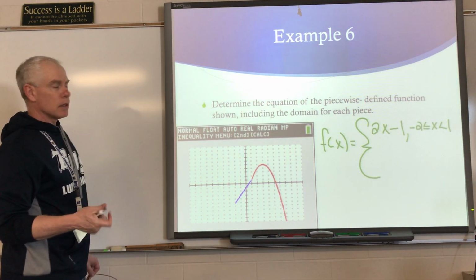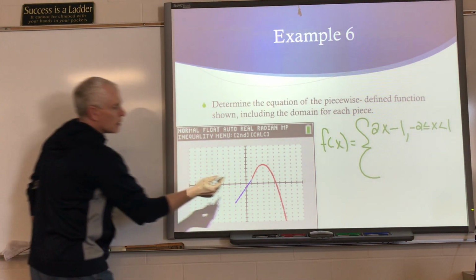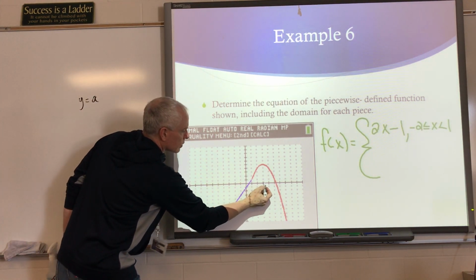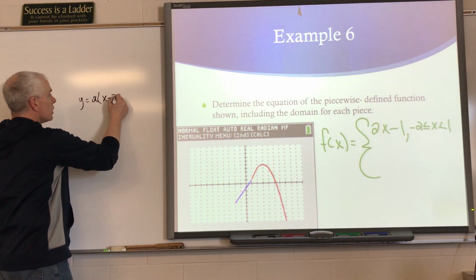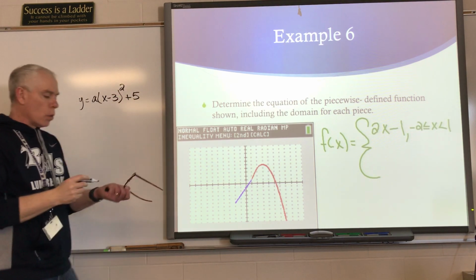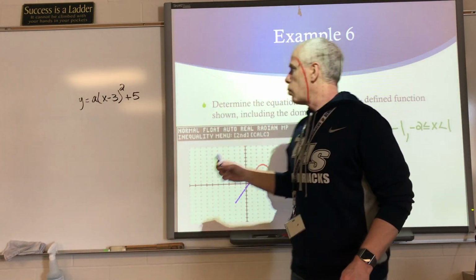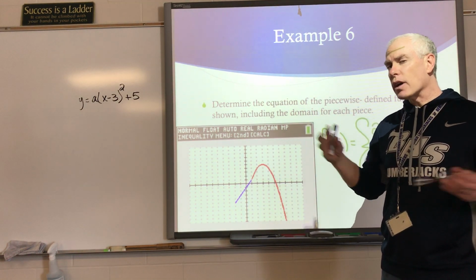This parabola is a little bit different, okay? The vertex for this is at 3, 5, okay? So I know I've shifted to the right 3, and I've moved it up 5. What I don't know is whether I flipped it over an axis or I've stretched it or shrunk it at all.